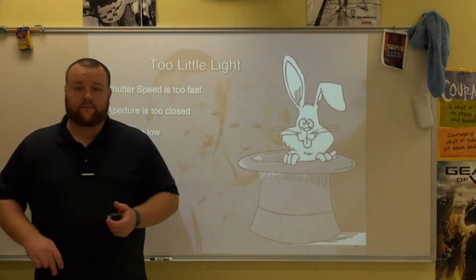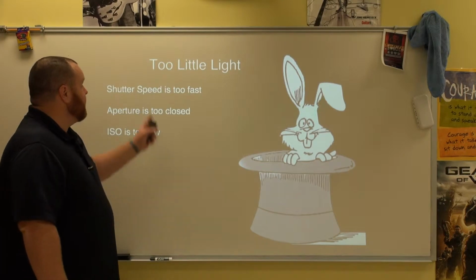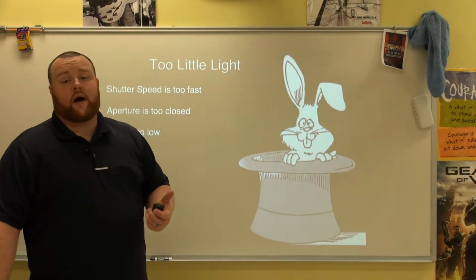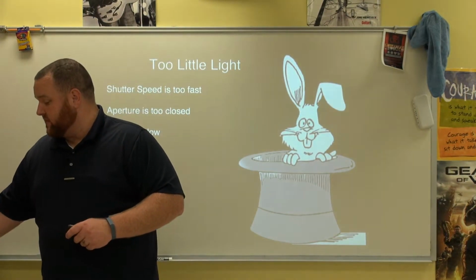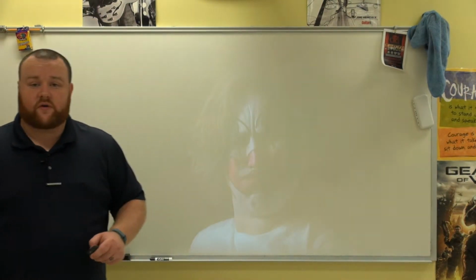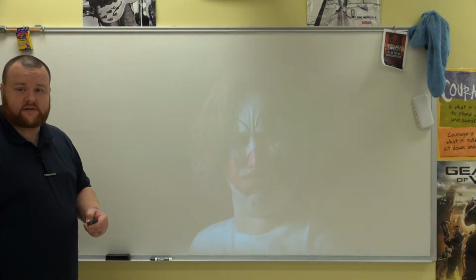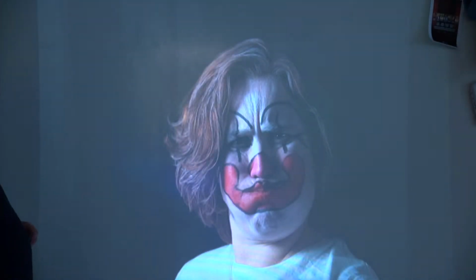Next, on our magic rabbit, is too little light. Your shutter speed's too fast, your aperture is too small, or your ISO is too low. Now, an underexposed picture sometimes gives a good creepy feeling, and sorry for you clown haters, but this is a great example of an underexposed image. Let me kill this light real quick so you can see it better.